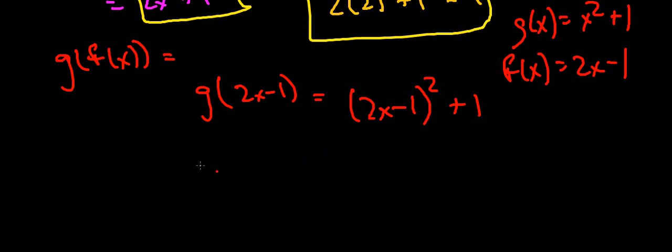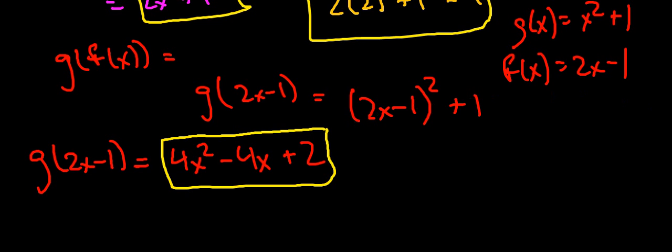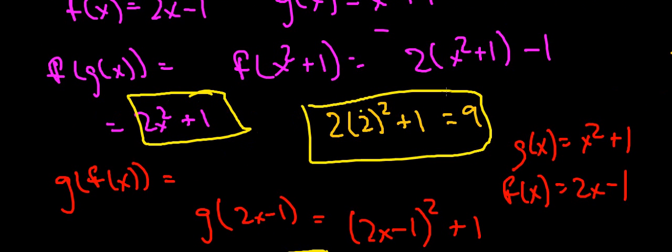So for 2x minus 1 squared, we're going to have to FOIL that out. 2x times 2x is 4x squared. 2x times minus 1 gives us minus 4x, and likewise again, so minus 4x in total. Minus 1 times minus 1 gives us positive 1, plus a 1 over here, so this is going to be plus 2. And this is not the same as f of g of x. This is going to give us a different number.